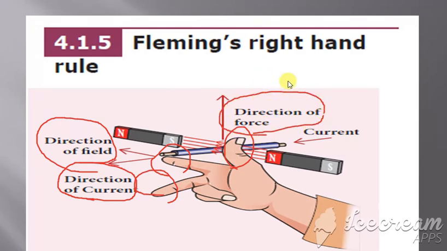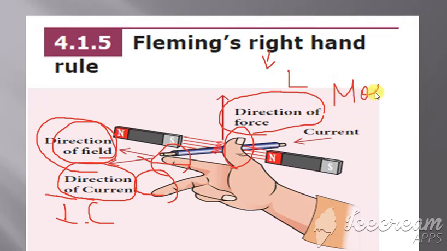But here we are going to see the right hand, same as this, but the only difference is the forefinger points in the direction of magnetic field, the middle finger points in the direction of induced current, and the thumb points in the direction of motion of conductor. So this is the only difference.